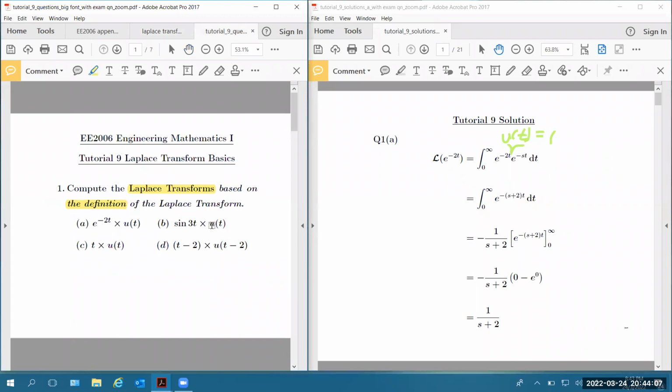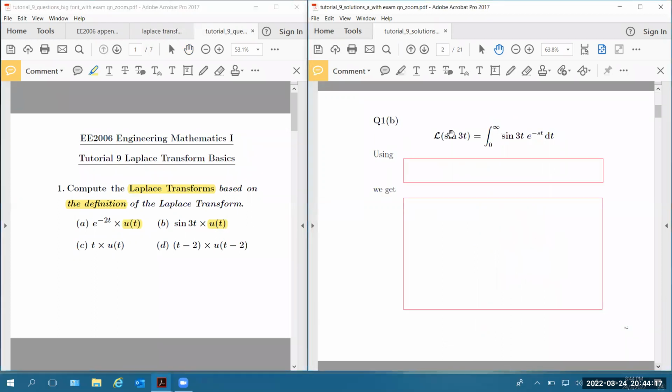Here also there's a u(t). In the range of integration from 0 to infinity, this will be 1. So that's why, for the Laplace transform of sine 3t, the u(t) value here is 1, and you don't see it.